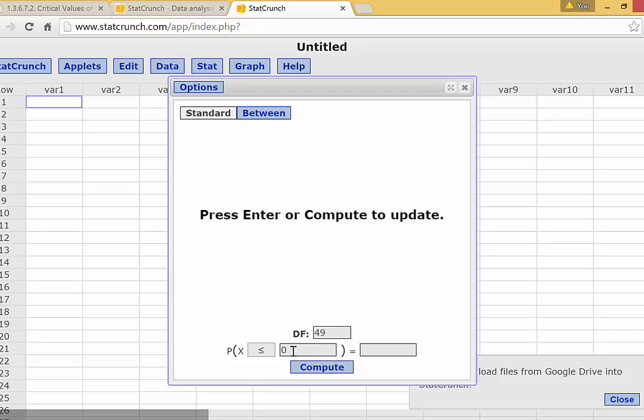Now, what goes in this box is the actual t-value itself. What goes in this box is the area that is accumulated up to some t-value. So we'll type in 0.975 here, because that leaves us with 0.025 out in the right-hand tail, just as we have on our picture.